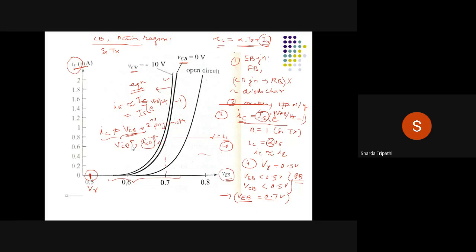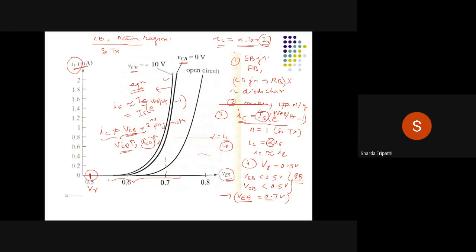But theoretically, we see that there is some dependency of IC on VCB. So how can I explain that dependency? For example, I'm increasing VCB. We know that VCB is the voltage drop across the second PN junction, and since my transistor is in active region, the second PN junction is reverse biased.